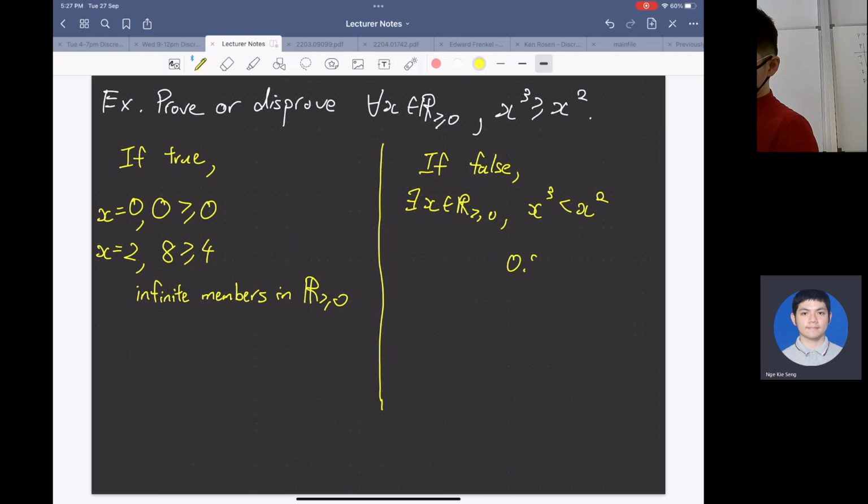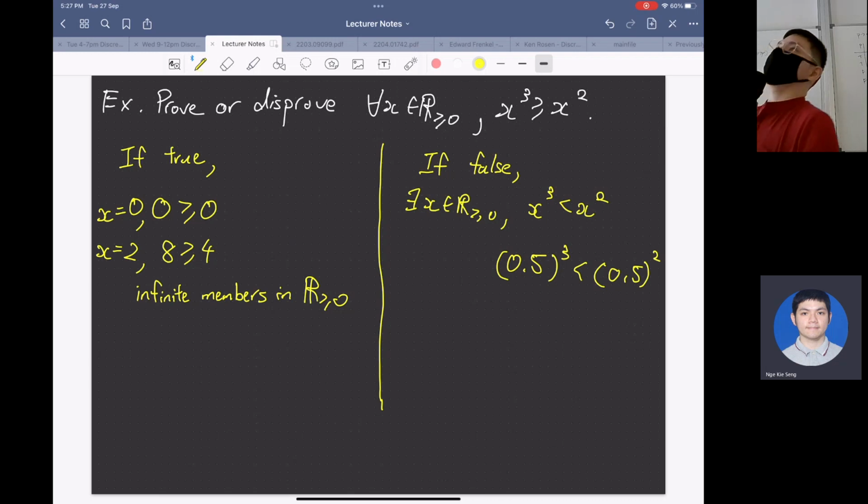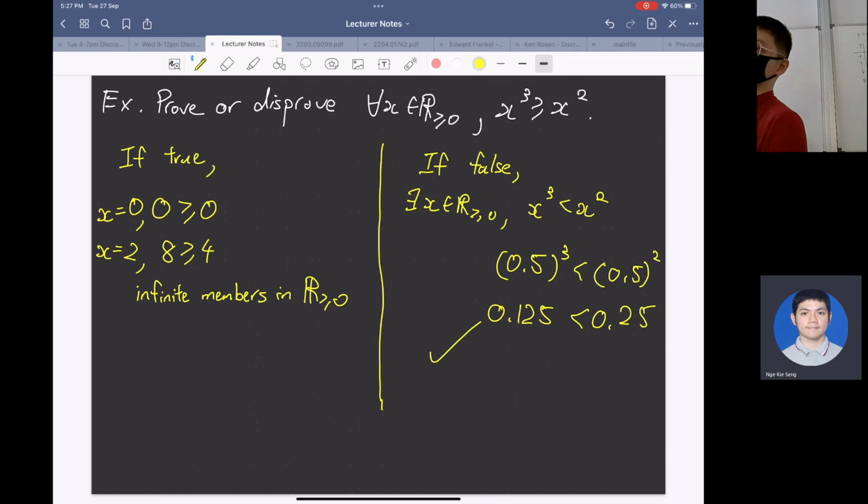What is 0.5 cubed and squared? I think with my calculation it is 0.125 and 0.25. So you already found one. So actually it is false.